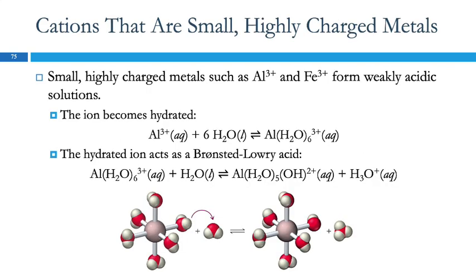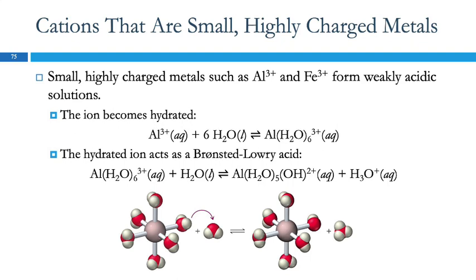And the third group is small, highly charged metals. So metal ions like aluminum 3+ and iron 3+. Look at the periodic table, and aluminum is in period 3, iron's in period 4.